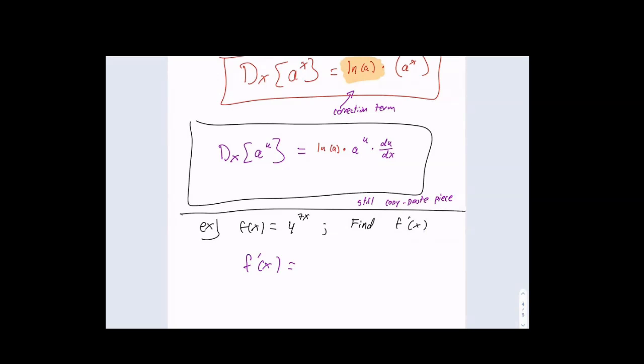Is it natural log of x? No, there was never natural log of x. It's always natural log of the base. So natural log of 4, times 4 to the 7x.